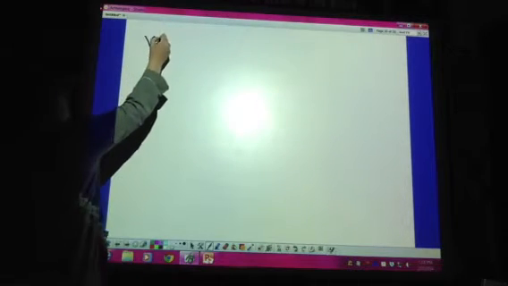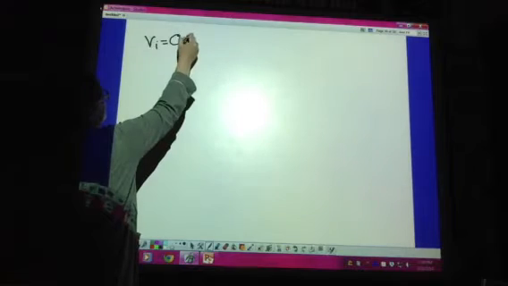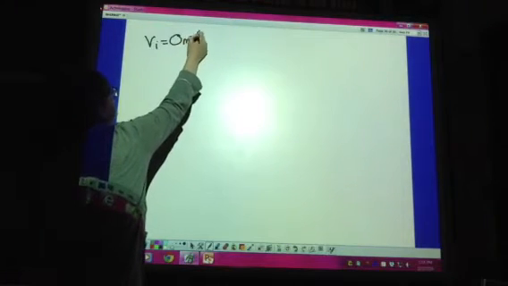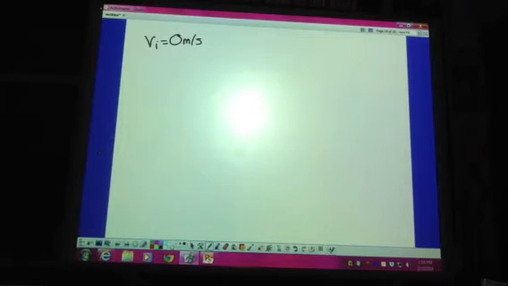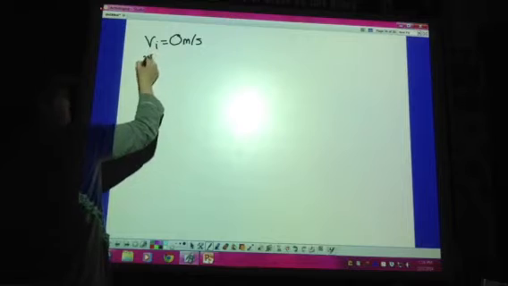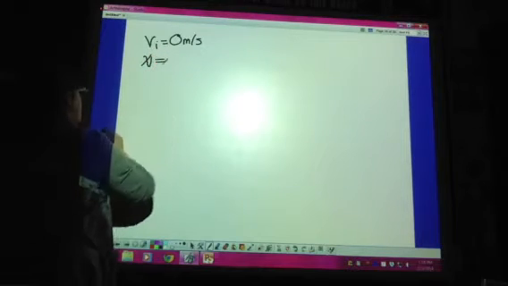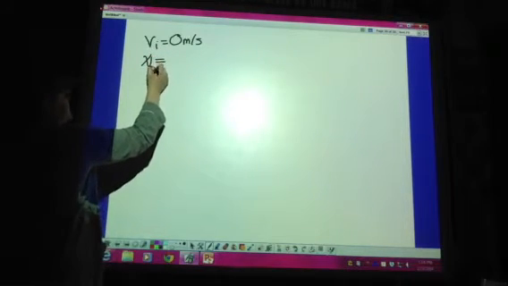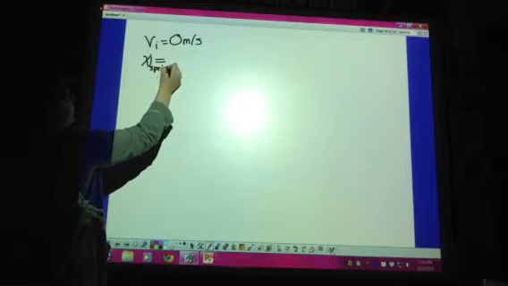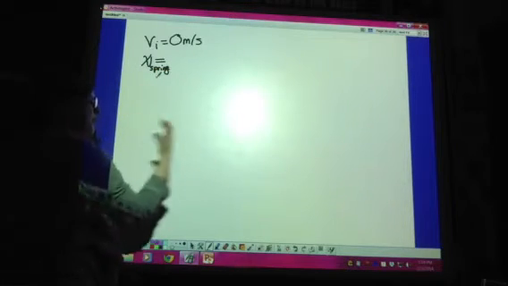Let's think about things that we know. The block is first going to have an initial velocity of just 0 because it's at rest when it's close by this spring. Then I'm going to compress the spring, so we'll call this x for the spring compression.